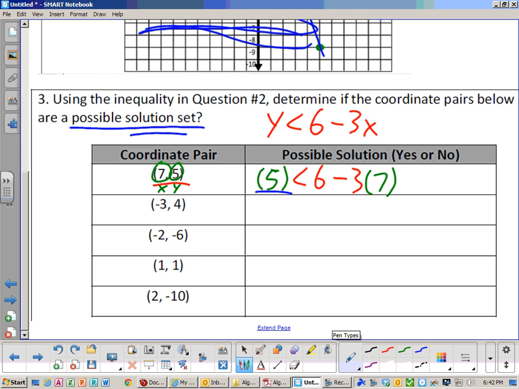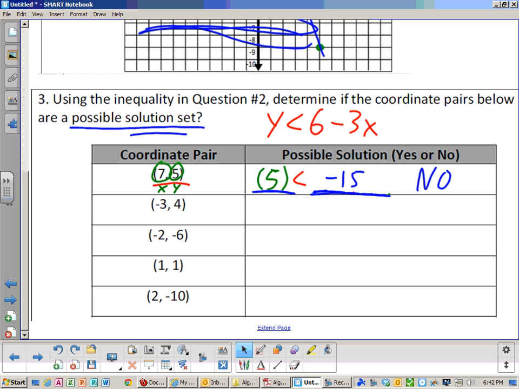Is 5 less than 6 minus 21? Well, 6 minus 21 is negative 15. Is 5 less than negative 15? No. 5 is a bigger number than negative 15. So the answer for this one is no.